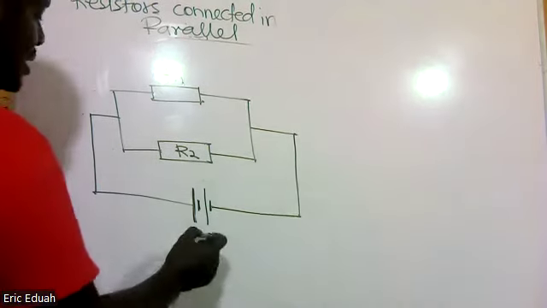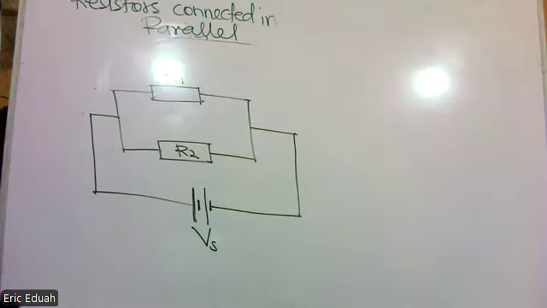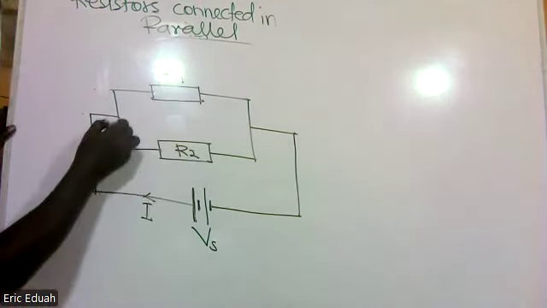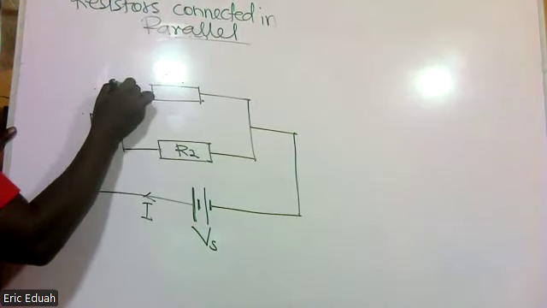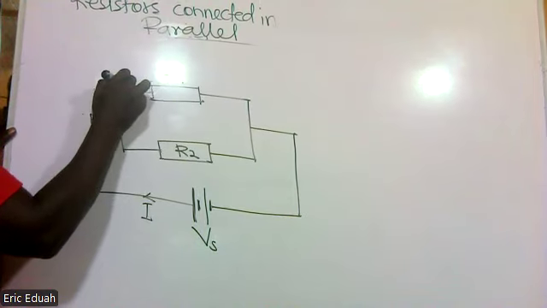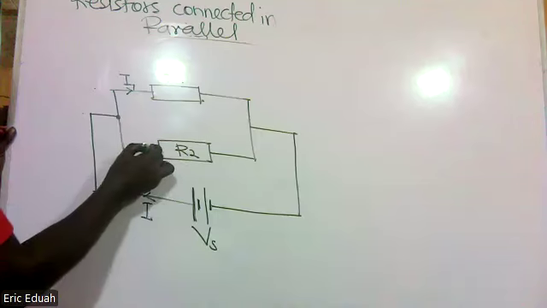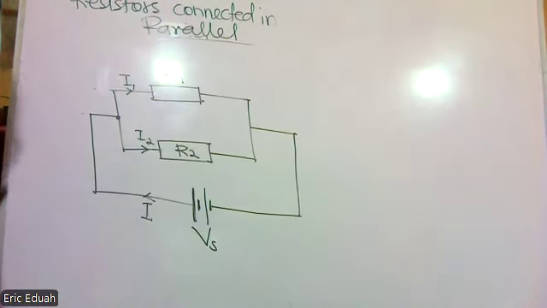So this source has VS as the source current I. When it gets to the junction, it breaks into what is coming into R1, I1, and what is coming into R2. If there is a third one, we'll have I3 as well.